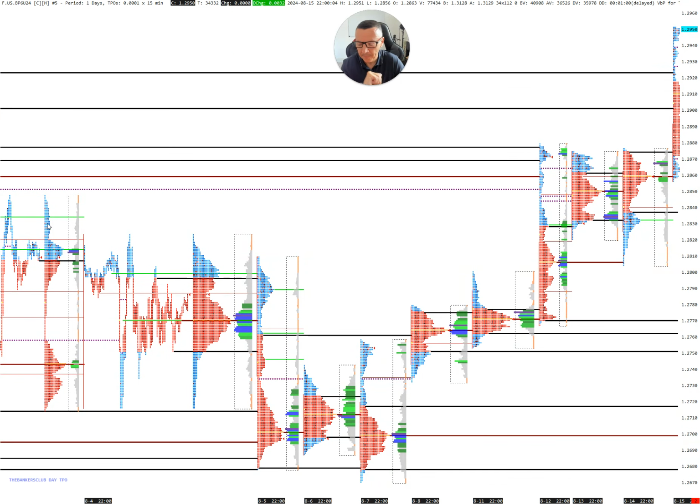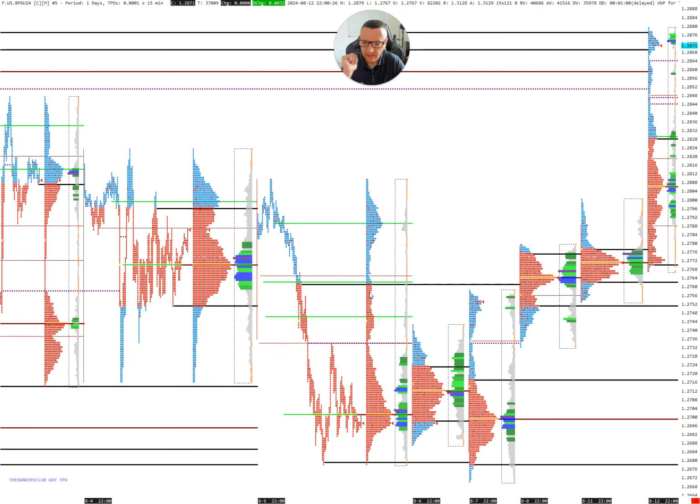There we go. Okay, so we can see, let's say we were trading this profile the following day after we traded this area here. So price has opened up, gone above the previous day value area high here, and same thing again.